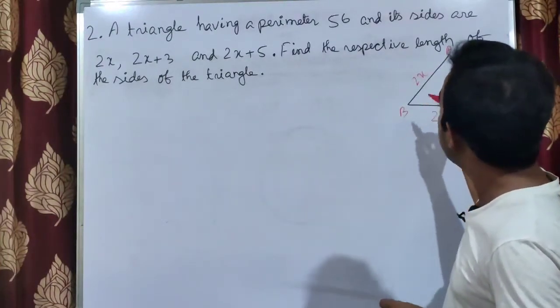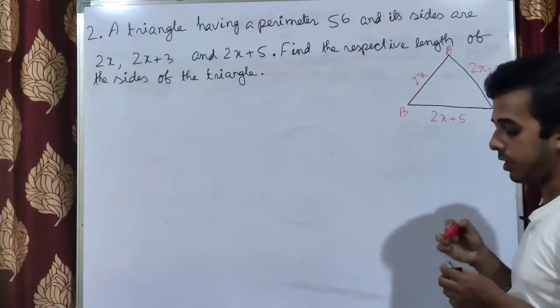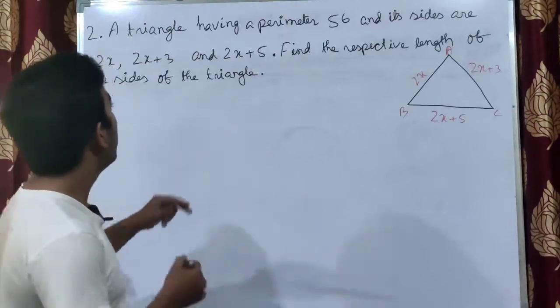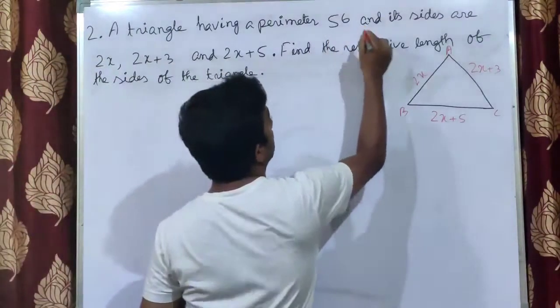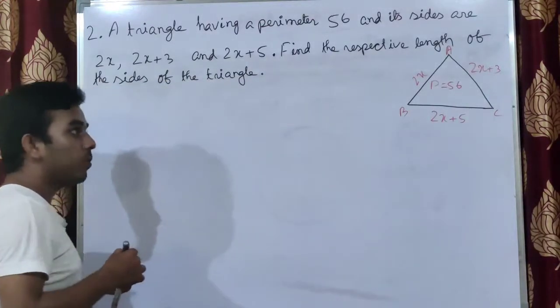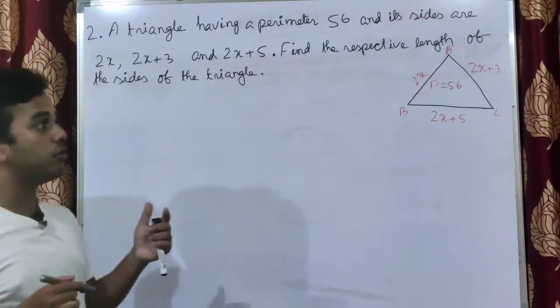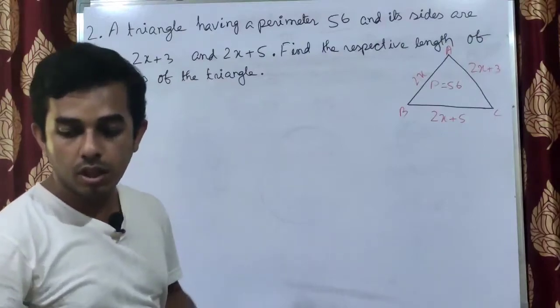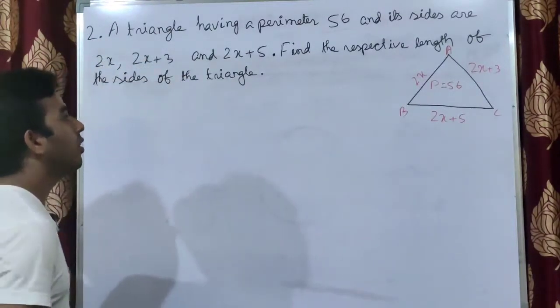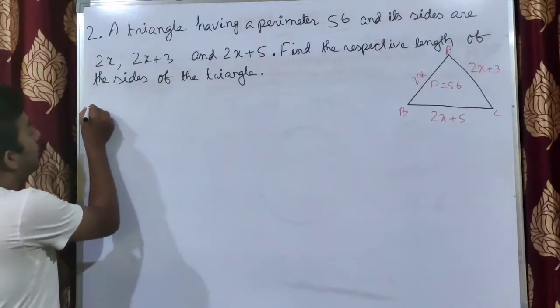So perimeter means AB plus BC plus CA, right? And we have the perimeter as 56, P equals 56. So how can we solve? We will solve this using the perimeter of the triangle, and then we have to find the value of x. So look at the board.